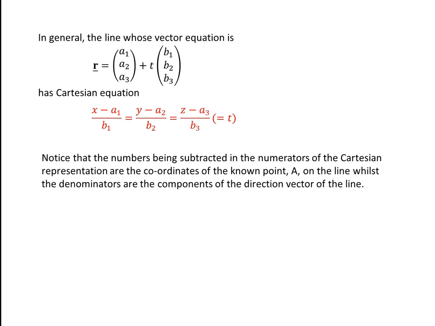And it's worth noticing that the numbers being subtracted in the numerators of the Cartesian representation are the coordinates of the known point A on the line, whilst the denominators of the three fractions are the components of the direction vector of the line.